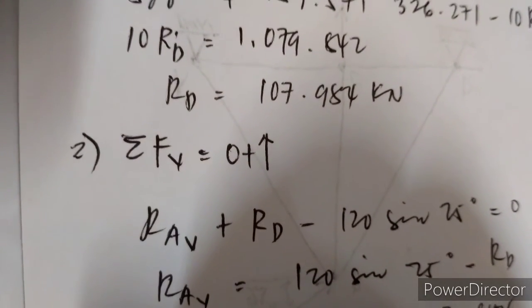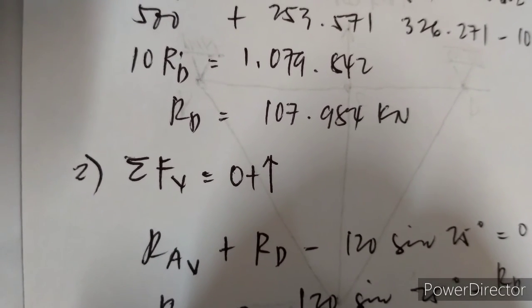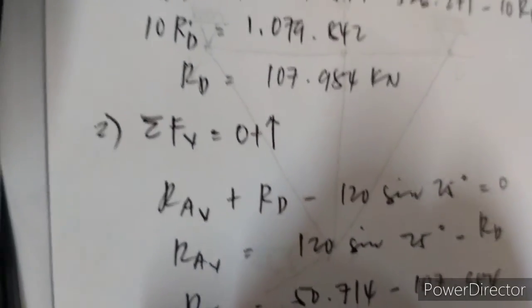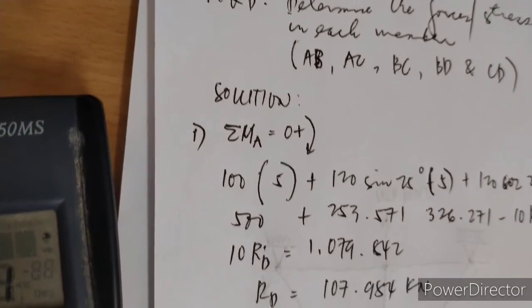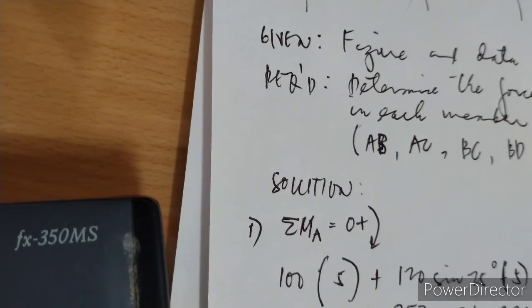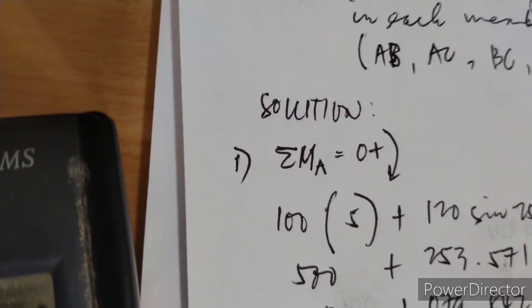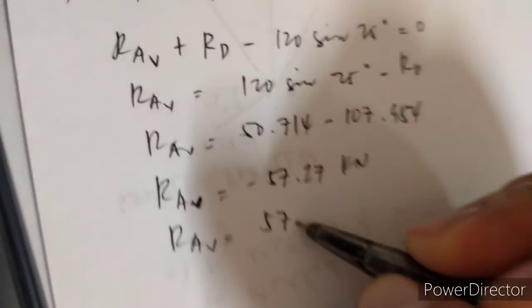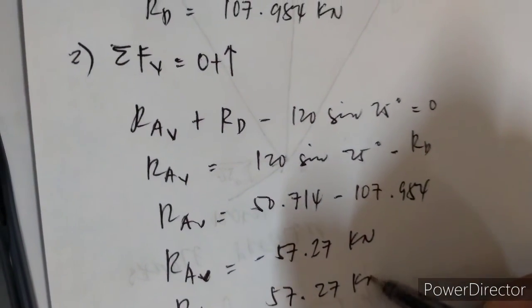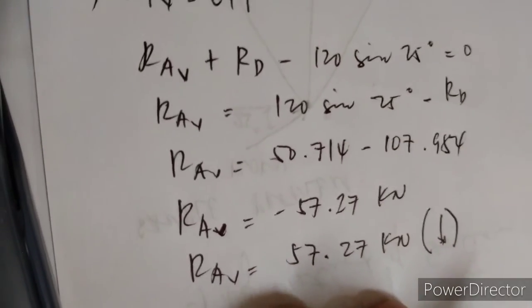So RAV will be 50.714 minus 107.984, which will give you negative 57.27 kilonewtons, or we can say that RAV is equal to 57.27 kilonewtons going downwards because of the negative sign in the final answer.